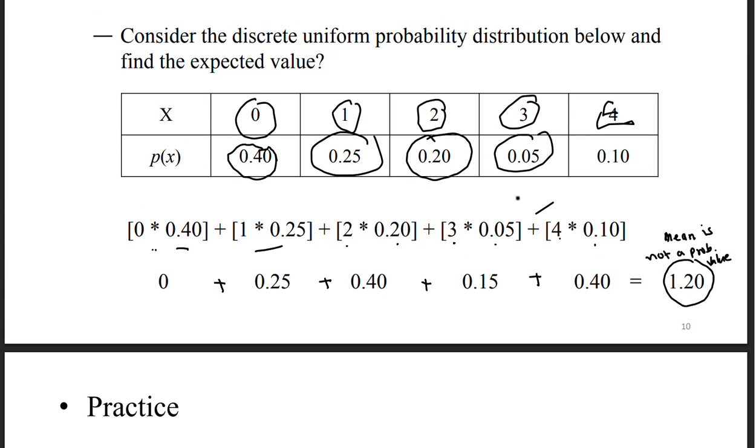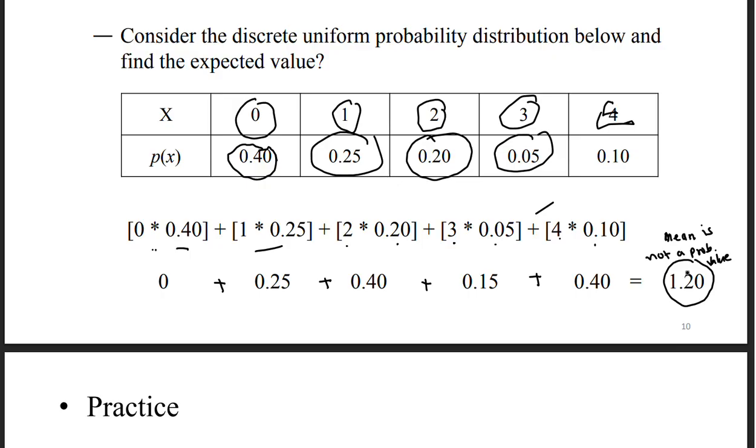So when we consider the distribution for this discrete uniform random variable, we said they come with values and they assign probabilities. We were able to calculate the average to be 1.20 here.